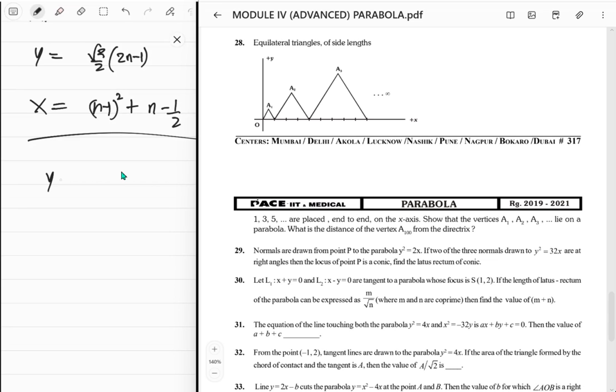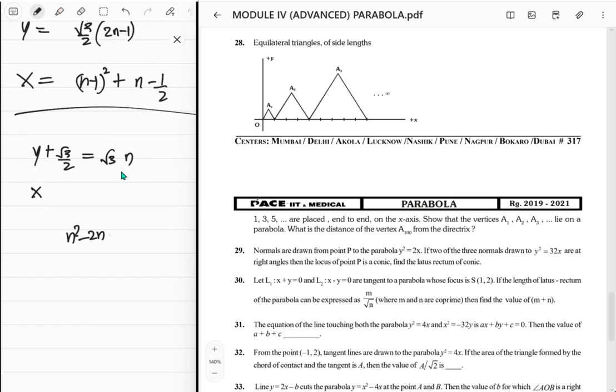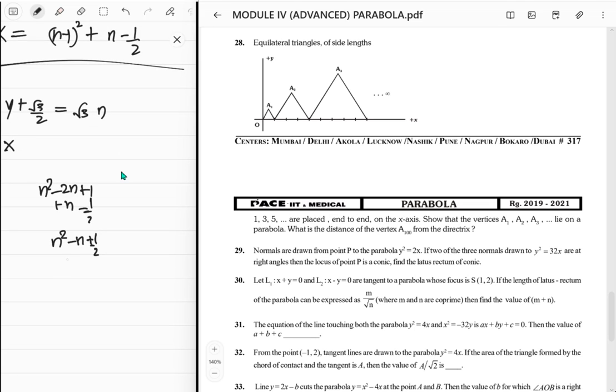Y is equal to square root 3 upon 2 times 2n minus 1, plus square root 3 upon 2, which is square root 3 times n, and x is n square minus 2n plus 1, got plus n somehow, and then minus 1 upon 2, n square minus n plus 1 upon 2, which is n minus 1 upon 2 square, plus, am I going correct?